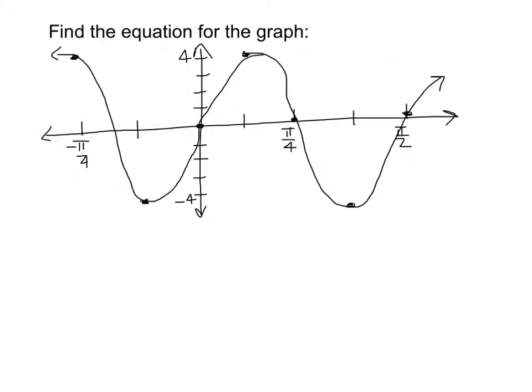Okay, the last thing I want to go over is if they give you the graph and you have to come up with an equation. Now, one thing about all of these graphs, there is no vertical shift and no horizontal shift, so no phase shift. So everything is starting at 0. So you're either going to use the sine equation or the cosine equation.